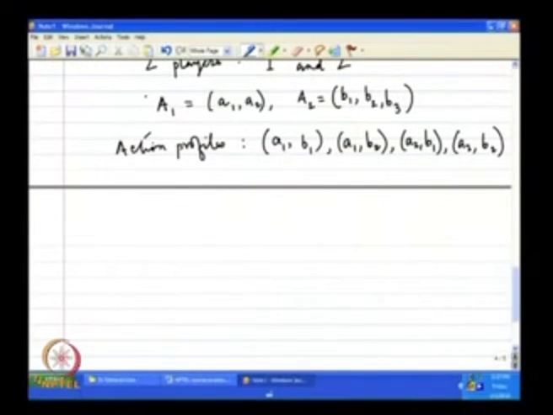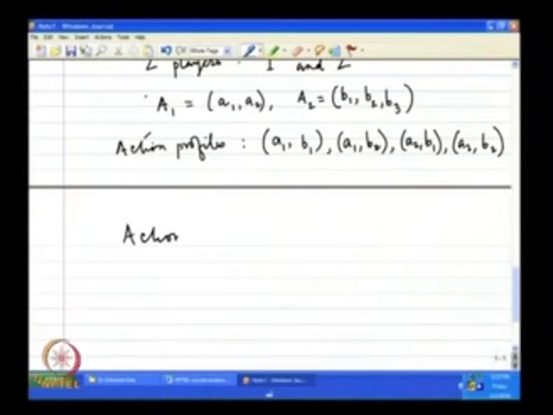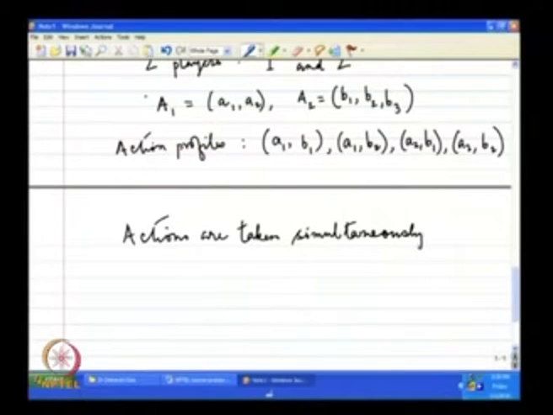One very important aspect of strategic games is that when we say this is the action of the first player and that is the action of the second player, the idea is that these actions are taken simultaneously. Which means that when I am taking an action, I do not know the action taken by the other player, because both actions take place at the same time.